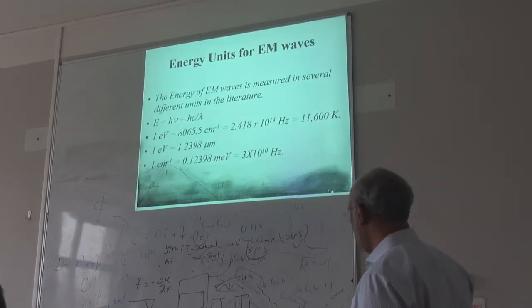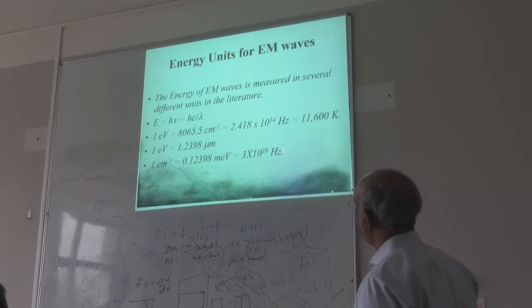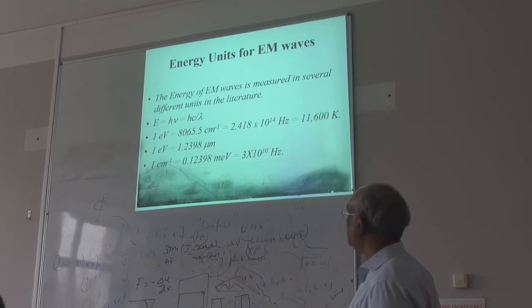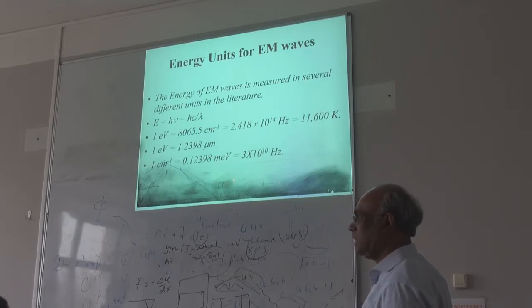Another important thing is, if you look at these spectra, you will see different scales, right? If you look at the energy scale, sometimes you will see it's in hertz. Sometimes you see it's in length scale, and sometimes you see it's in centimeter inverse, right?